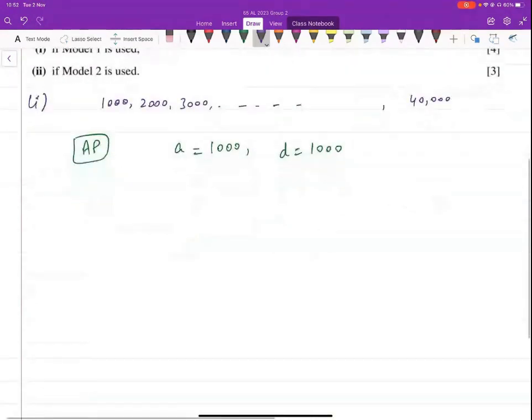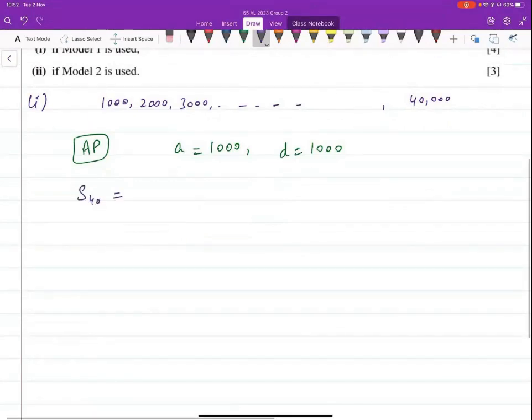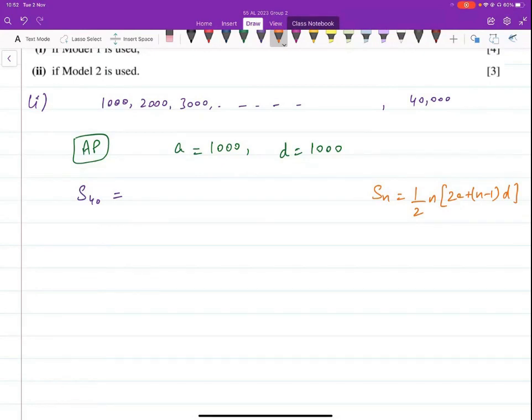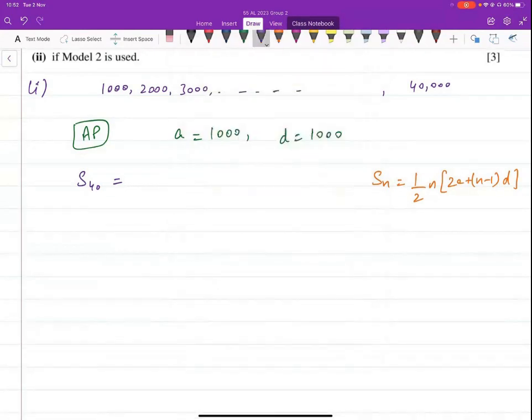Hum inko sum kar lete hain. We say, let's find sum of the 40 terms. How do you do that? We have the sum formula for an AP that looks like this. Sn equals half n into 2a plus n minus 1 times the difference. We just input values here in the formula.